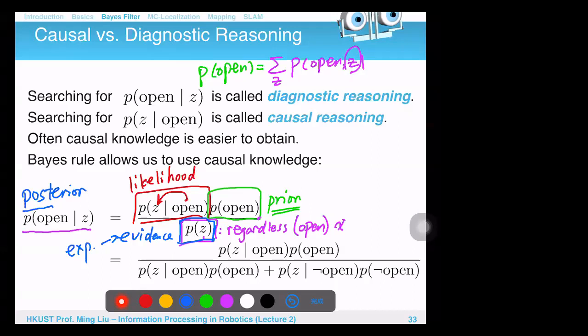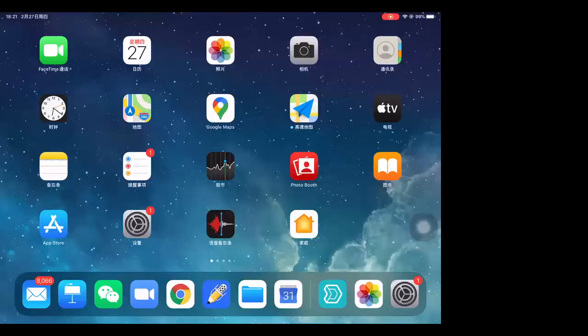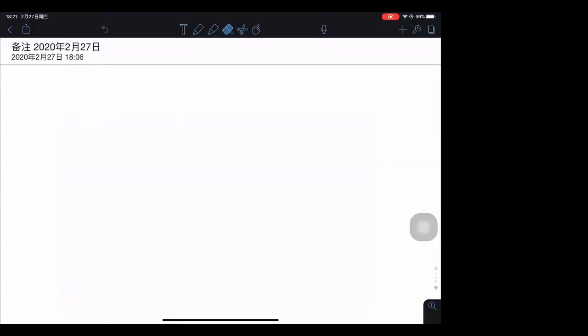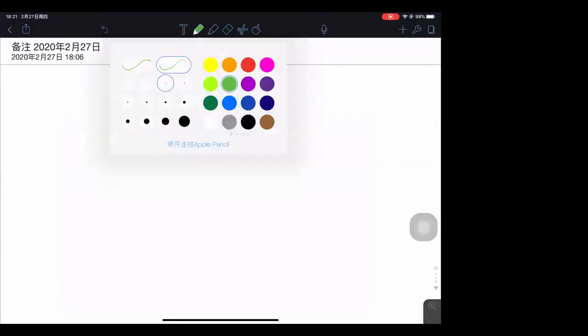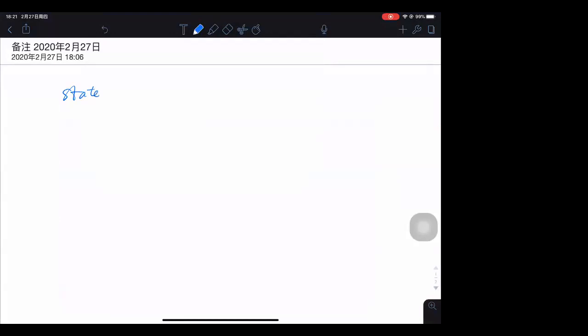From the equation, it's easy. You have already seen the Bayes equation many times. But now we simply want to explain that if the state is x and your observations or sensor data is O, what we typically want to solve is to infer some states.